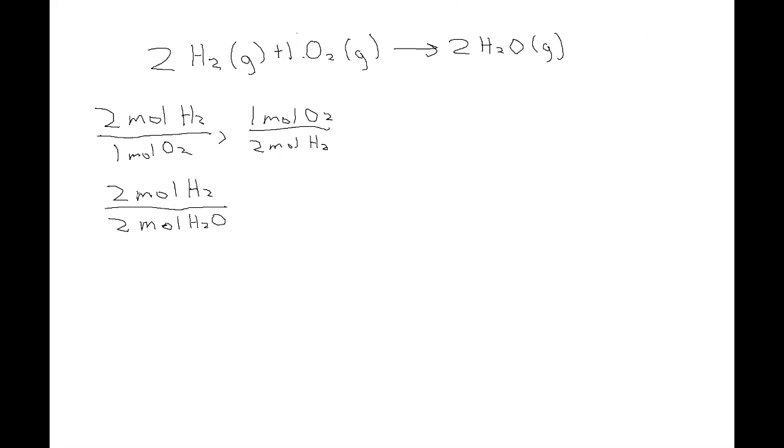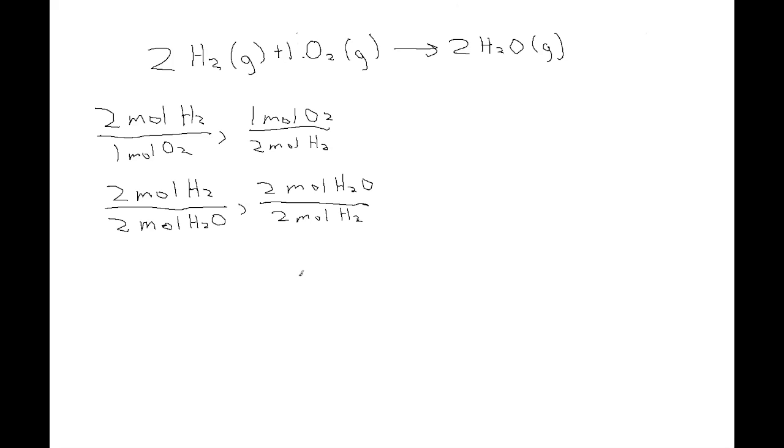I could reduce this now to 1 to 1, but to make it clear what we're doing, I'm not going to reduce it. Actually, when you're doing stoichiometry, you usually don't reduce the ratios. So I'll just leave this as 2 over 2. And clearly this gives us another conversion ratio, which is 2 moles of H2O over 2 moles of H2.